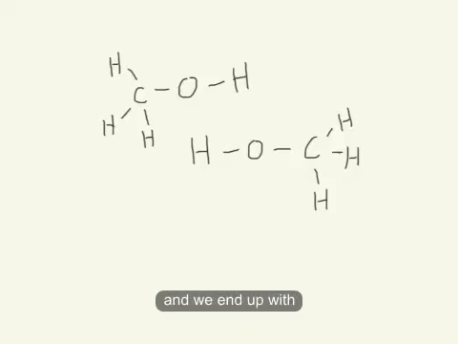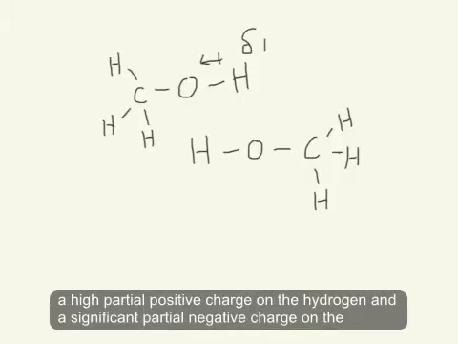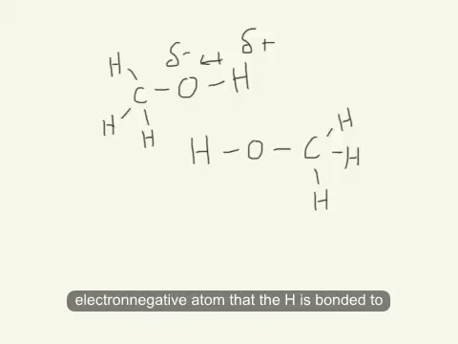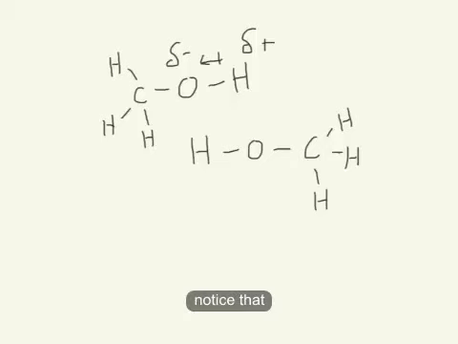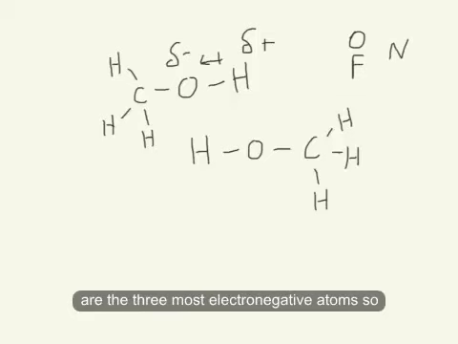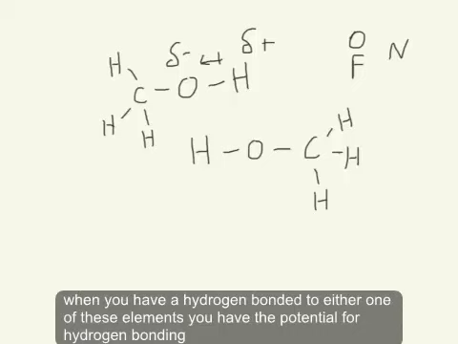And we end up with a highly partial positive charge on the hydrogen and a significant partial negative charge on the electronegative atom that the hydrogen is bonded to. So notice that oxygen, fluorine, and nitrogen are the three most electronegative atoms. So when you have a hydrogen bonded to one of these elements, you have the potential for hydrogen bonding.